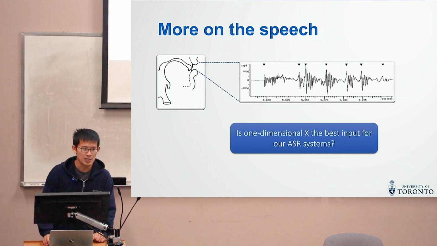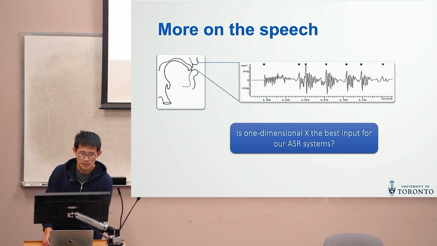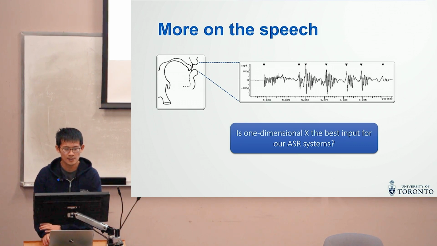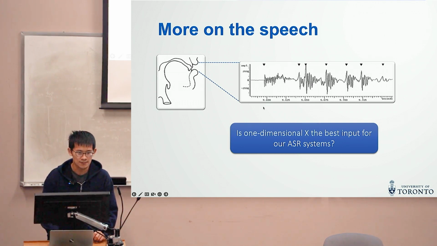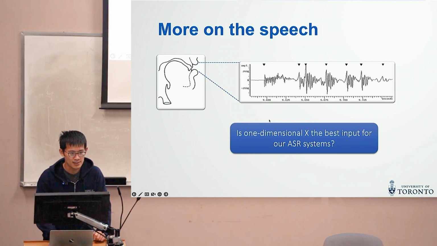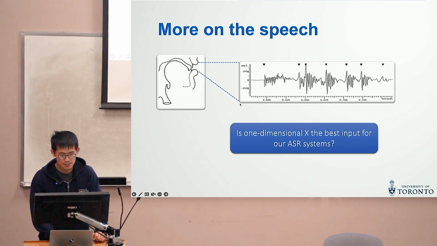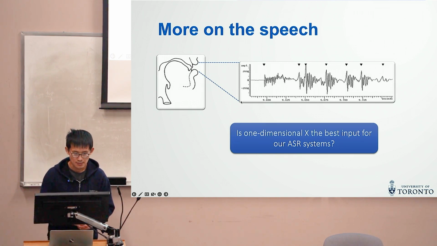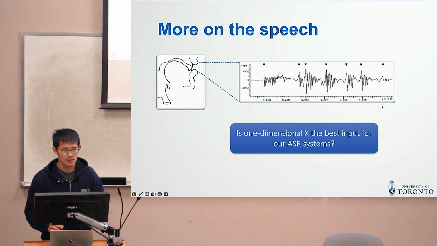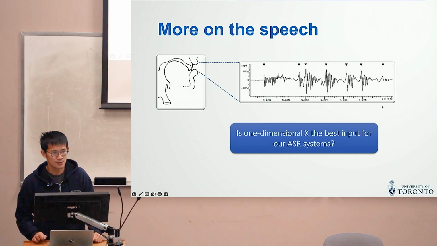So let's elaborate more on the speech. Speech is essentially oscillations. So you can plot the oscillations on the figures. The x-axis is the time axis, and the y-axis is the location of the oscillator. On the plot, you can see that there are a lot of different types of oscillations going on.